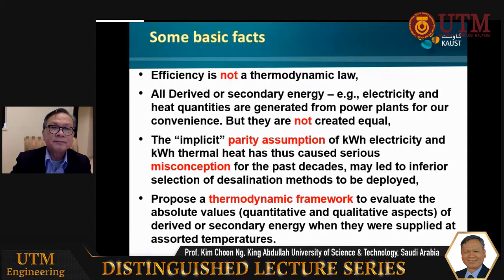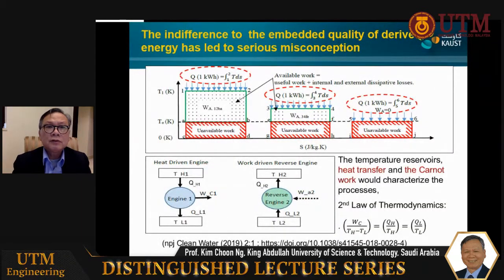Now, to highlight the differences in the quality and the quantity of energy, I've used some very simple thermodynamics expressed in the Carnot cycle. Here you can see on the upper chart, 3 Carnot cycles, but they are all supplied with the same quantity of energy, 1 kilowatt hour, for example, which is equal to 3.6 megajoules.